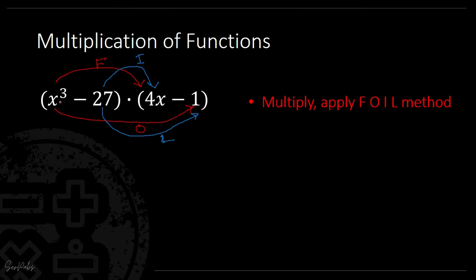Okay, so multiply natin. X cubed times 4x. Sa multiplication ng scratch paper muna tayo. So, we have x cubed times 4x. So, yan ang ating letter F. Sa multiplication ng monomial by monomial, minumultiply natin ang numerical coefficient, yun yung number na kasama ng x.